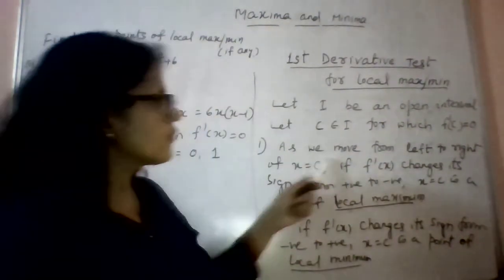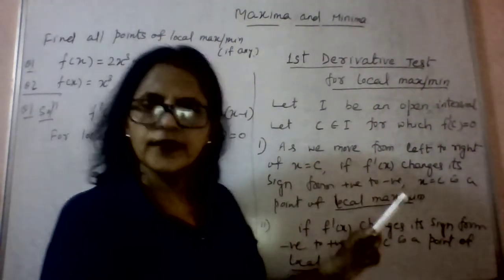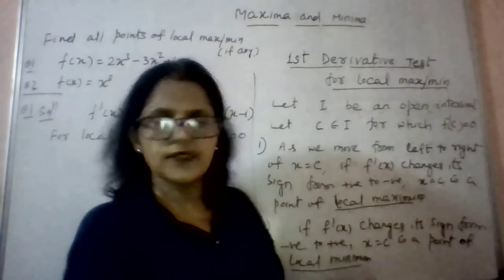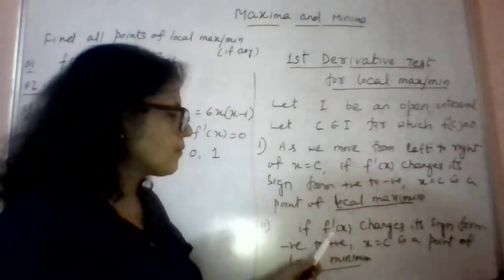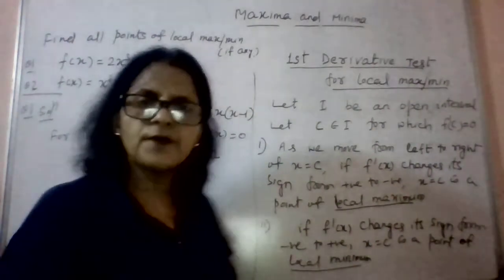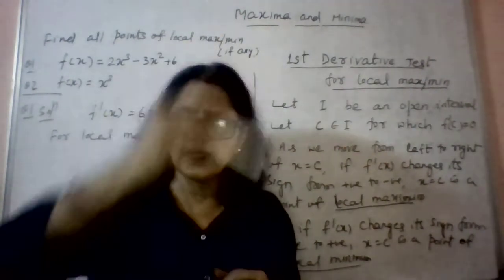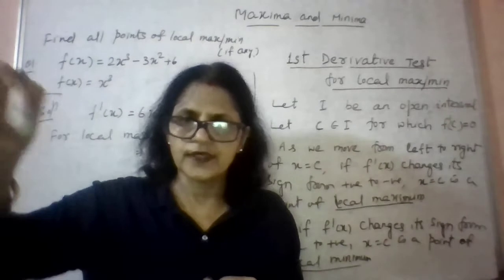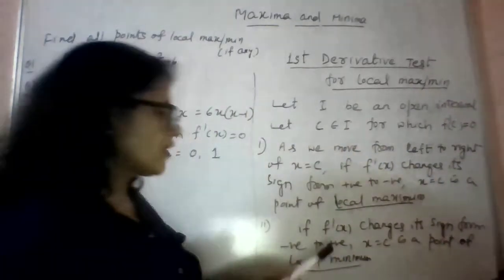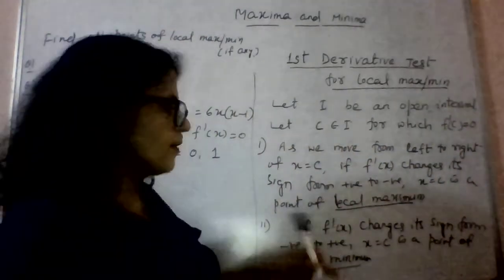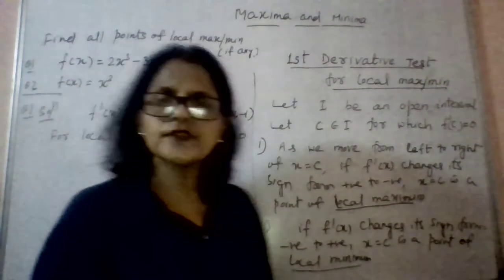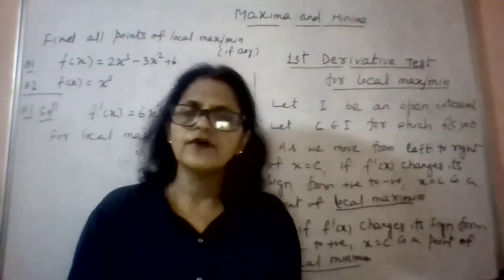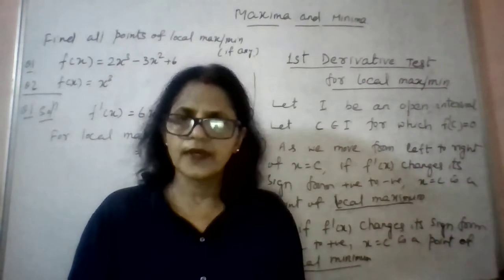Similarly, as we move from left to right of x equal to c, if sign of f dash x changes from negative to positive, like this, first decreasing then increasing, right? It means when sign of the derivative changes from negative to positive, x equal to c is a point of local minimum, right?